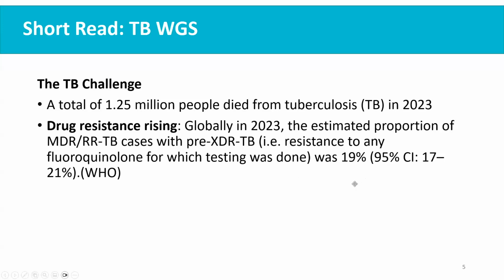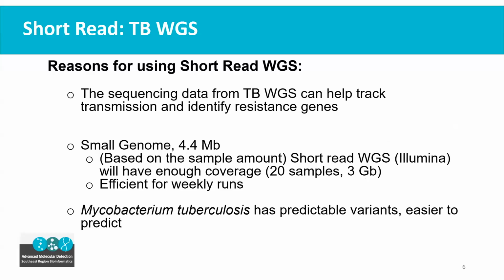So the monitoring for outbreaks and the drug resistance detection are important for public health surveillance. So we already know that WGS can help monitor TB transmission and identify resistance genes.